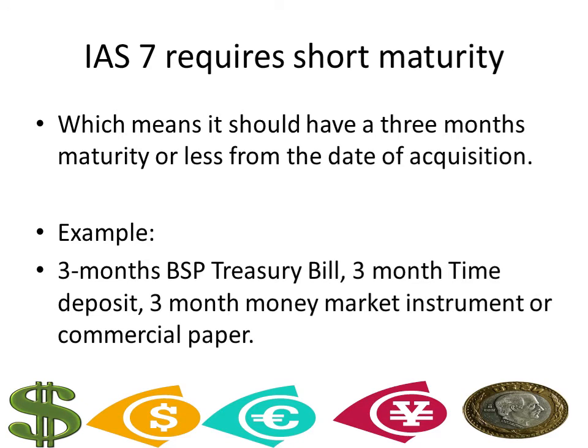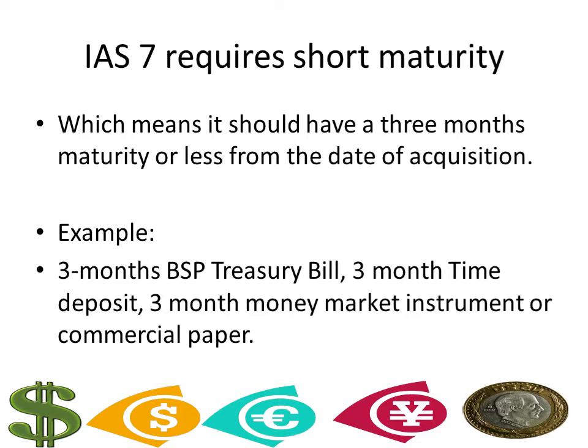Next, according to IAS number 7, or International Accounting Standard number 7, a shorter maturity is required, which is defined. This is the reason why we have 3 months maturity or less from the date of acquisition, because they said short maturity pertains only to 3 months from the date of acquisition.